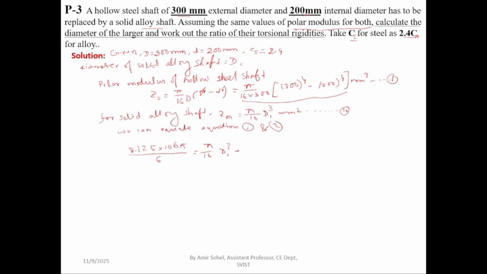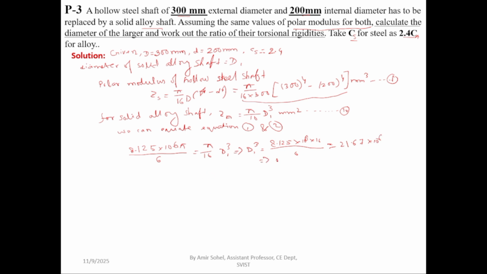So from here we can evaluate the value of D1 cube as 8.125 into 10 to the power 6 into 16 divided by 6, which will give us the result of 21.67 into 10 to the power 6, right?